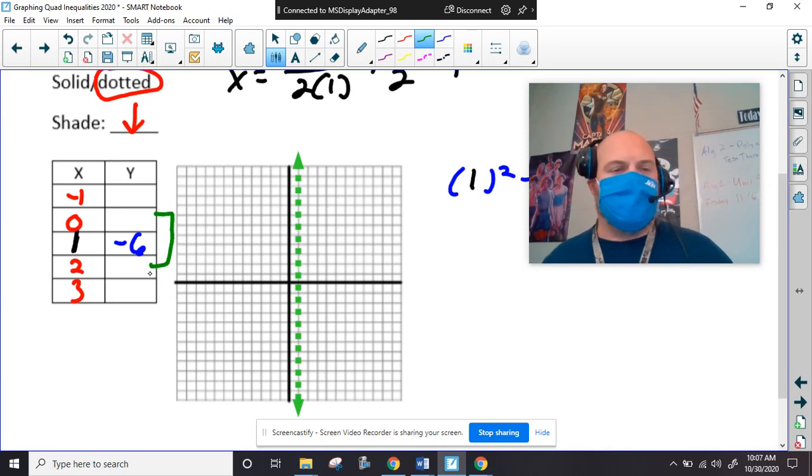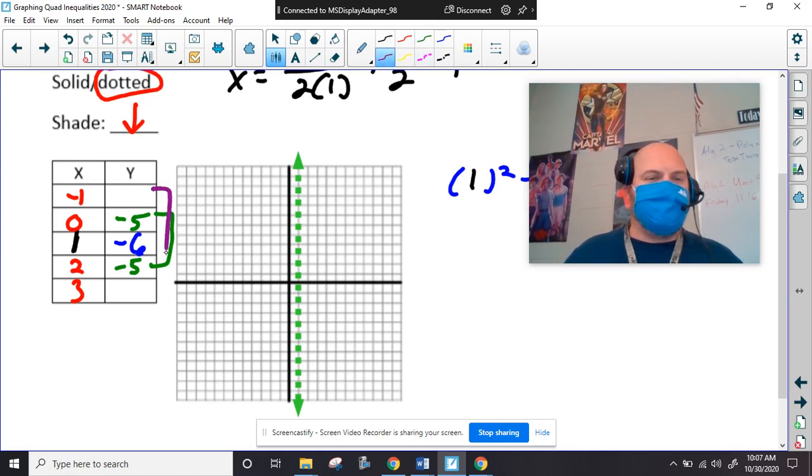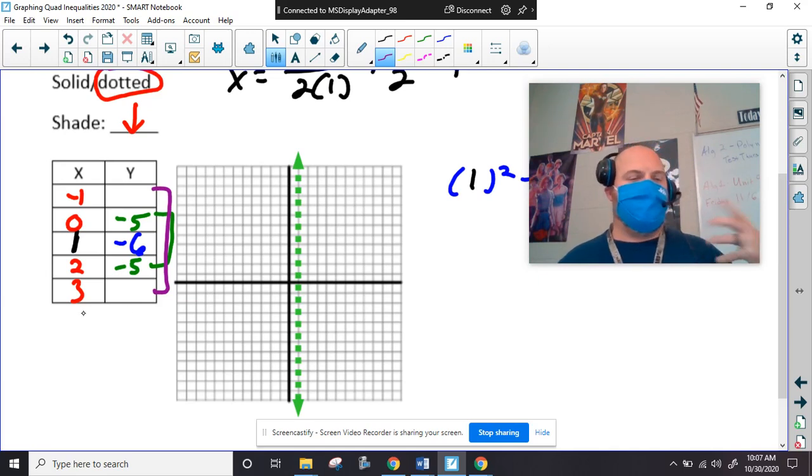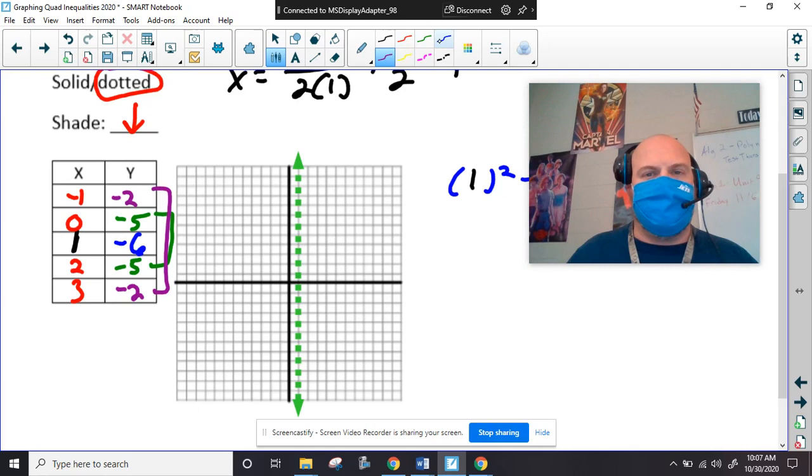If a is 1, what is -6 plus 1? Yes, -5. This is our 3a. A is 1, so -5 plus 3 is -2. Again, if you don't like that ratio thing, you can still plug it in like you did for the vertex, and you're good to go.